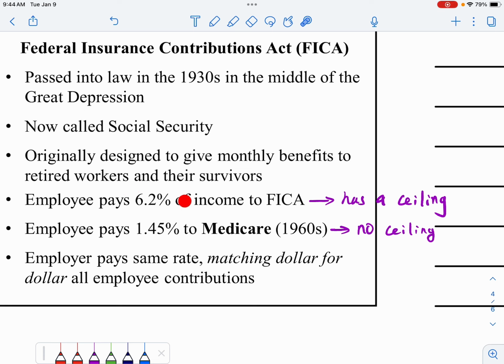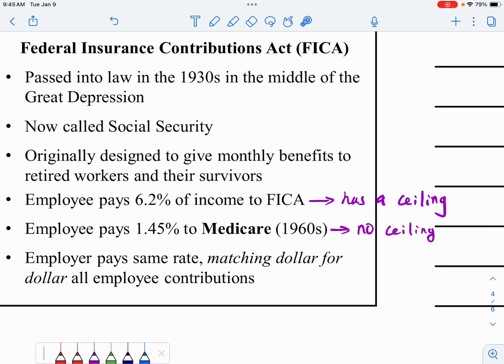In our book, we are going to use 130,000. The first 130,000 of pay will be subject to FICA tax. The amount after 130,000 will not be taxed for FICA.